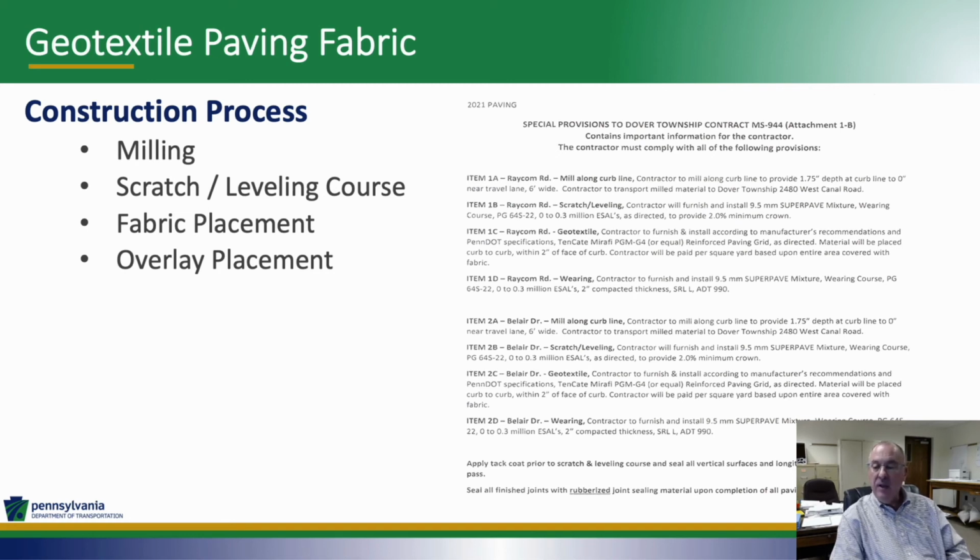The fabric mentioned which fabric we wanted or a PennDOT approved equal, and how it was to be placed within 2 inches of the face of the curb. The overlay placement was a Superpave mixture wearing course PG 64S-22. So we'll talk a little bit about each of the 4 of those parts of the process.